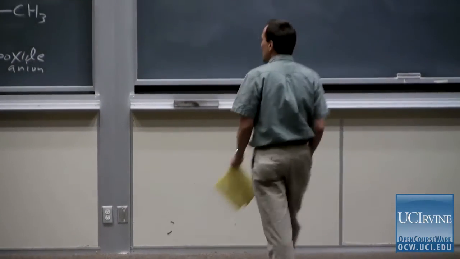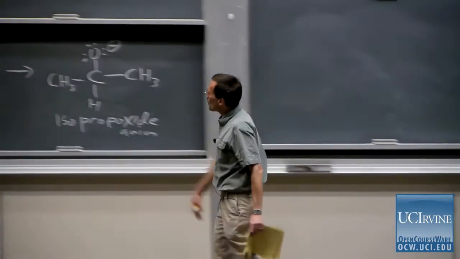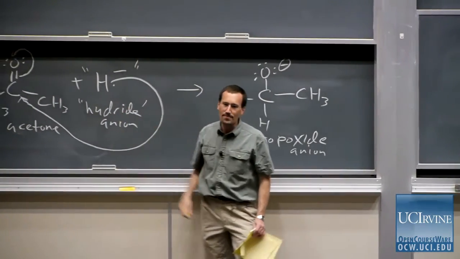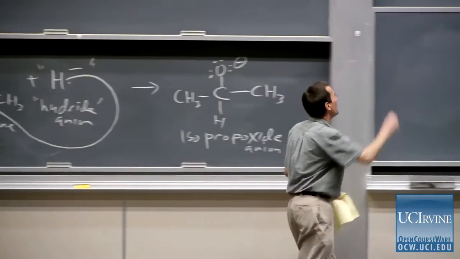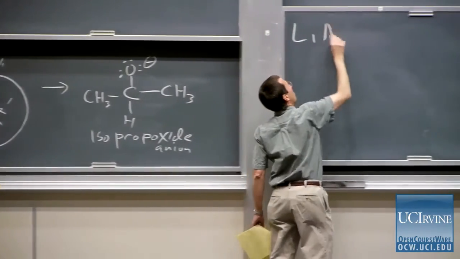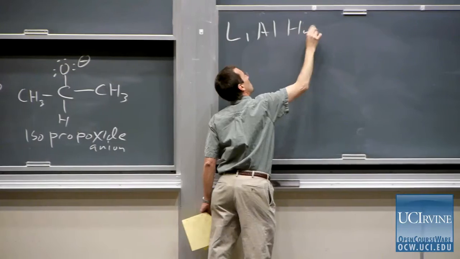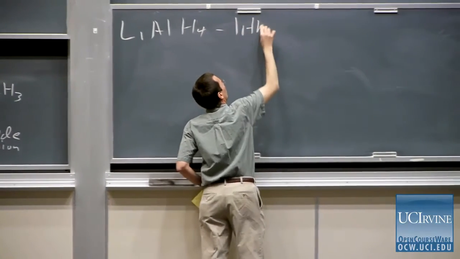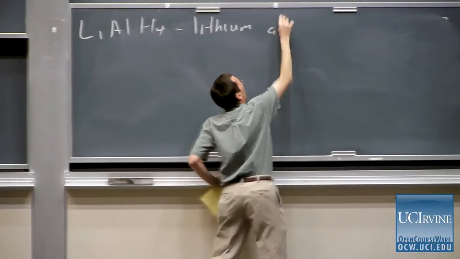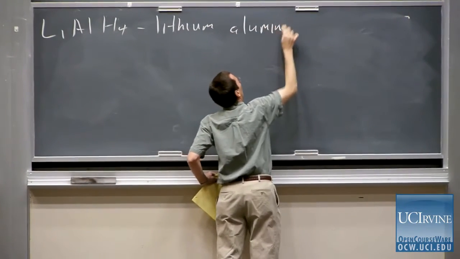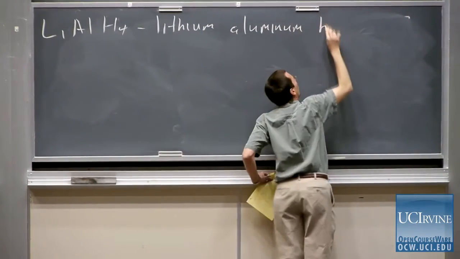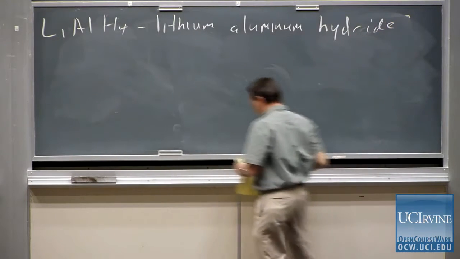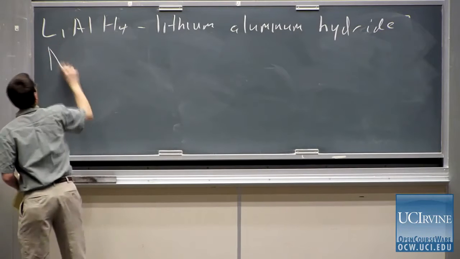Two reagents that are used as a source of what I would say is an abstract or hypothetical hydride anion are lithium aluminum hydride and sodium borohydride, two very popular and long-standing reagents.